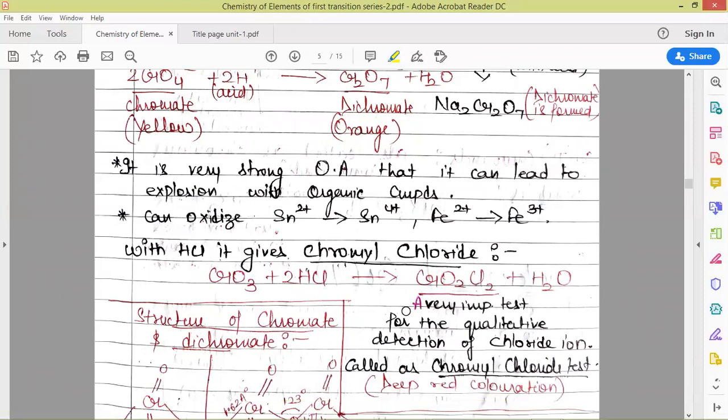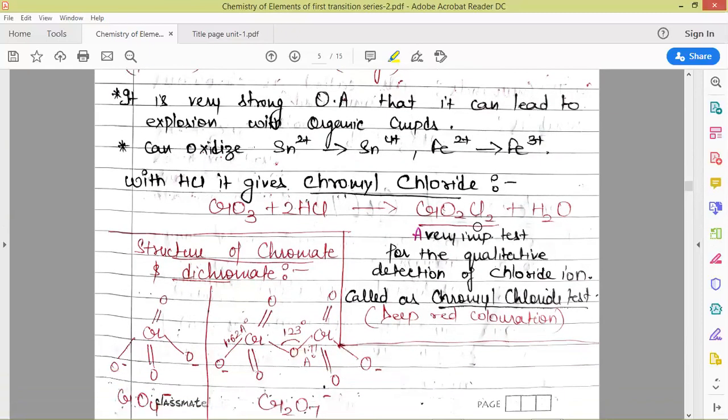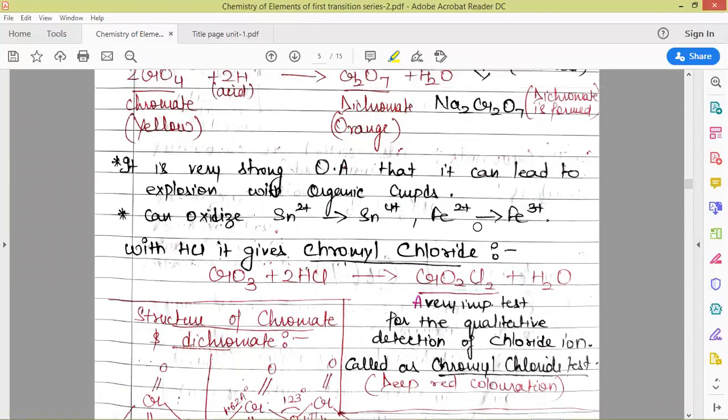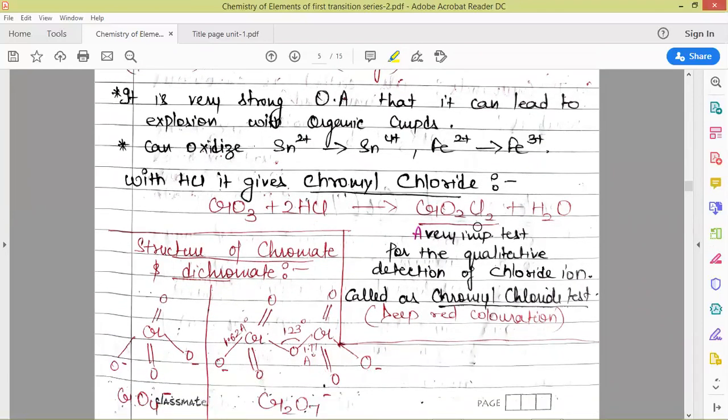CrO3 is a very strong oxidizing agent that can lead to explosion with organic acid. It oxidizes organic compounds with explosion, and it can also oxidize many inorganic moieties, like tin 2 to tin 4, iron 2 to iron 3, which are very basic oxidation reactions. So CrO3 can act as a strong oxidizing agent.